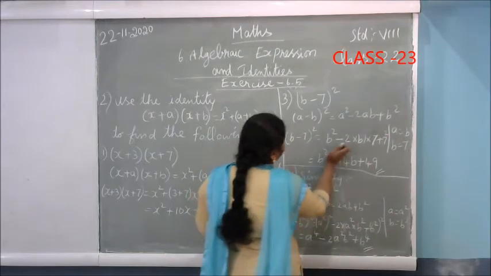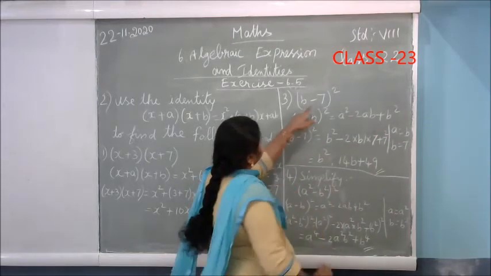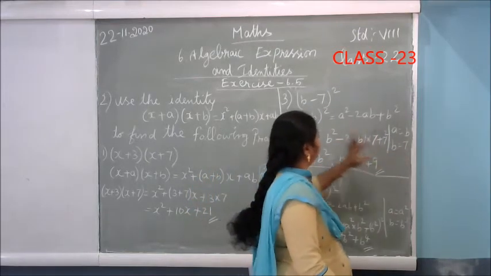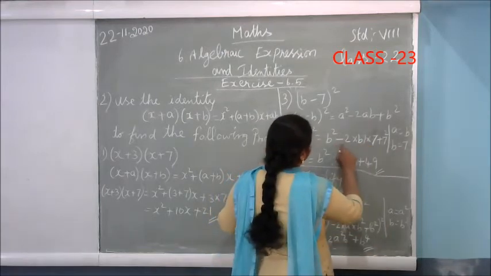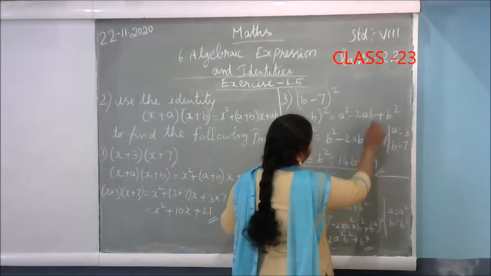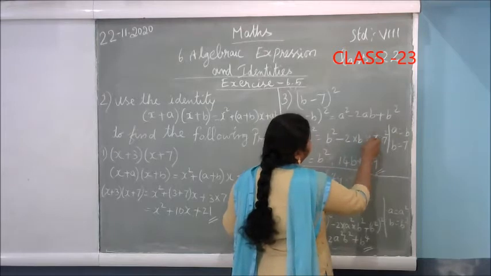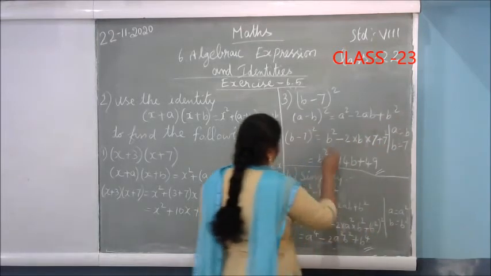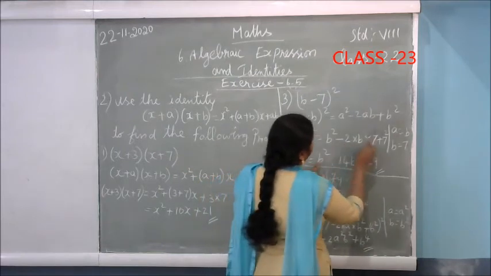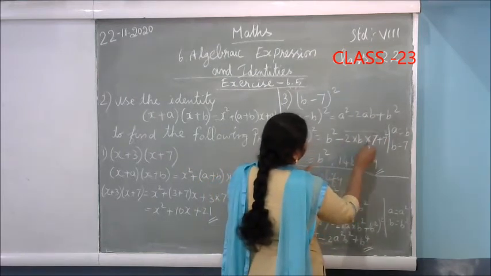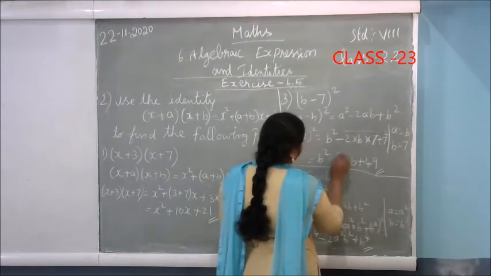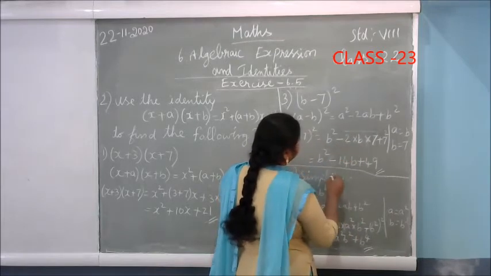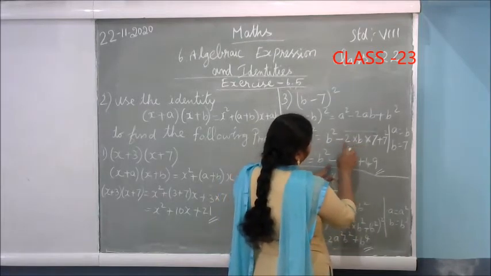Next, minus 7 is not there, 7 only you have to take. Next, minus 2 into b into 7 will come, plus instead of b squared, 7 squared. Now you have to simplify this. 2 into b into 7: minus is there, so minus into plus is minus.